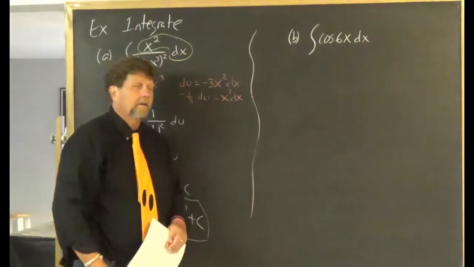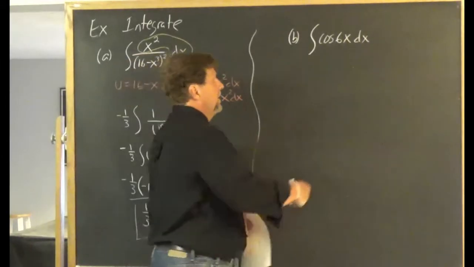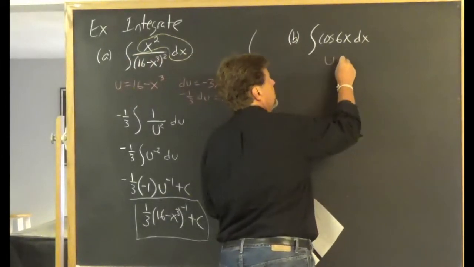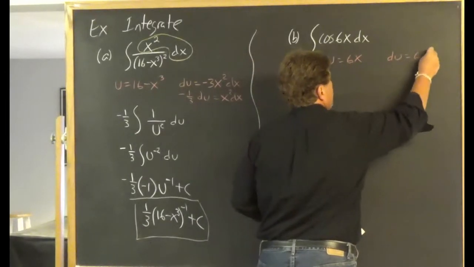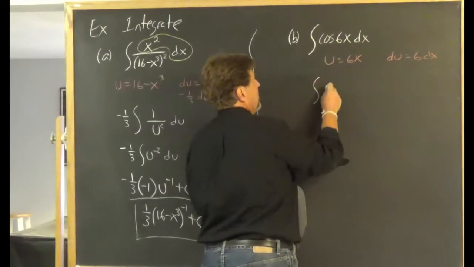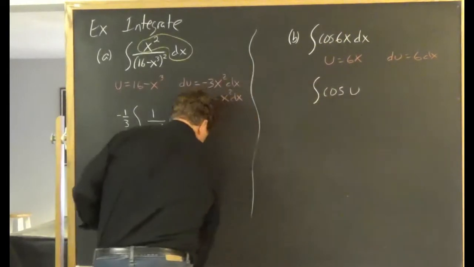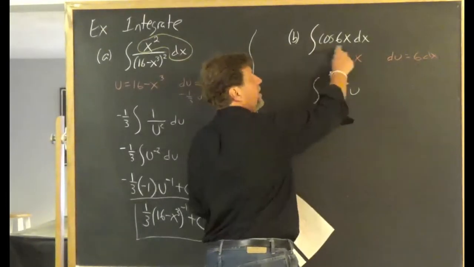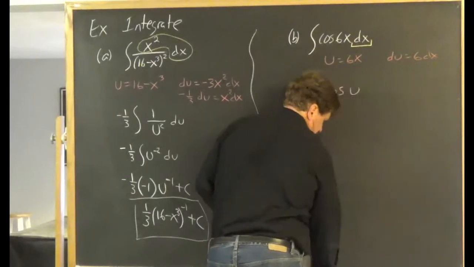Part B. Heck, we may not even need U-substitution, but I'll pretend that we do. Let u equal 6x. du is 6dx. Substitute. We have cosine u. The only thing we have left to take care of in the original problem is dx.